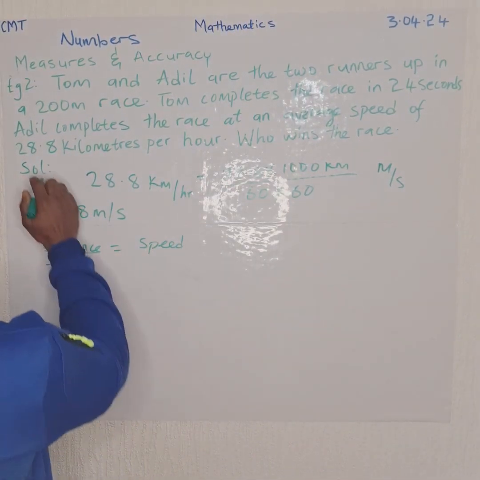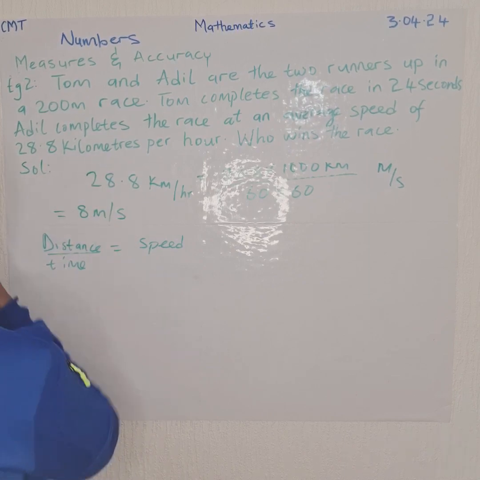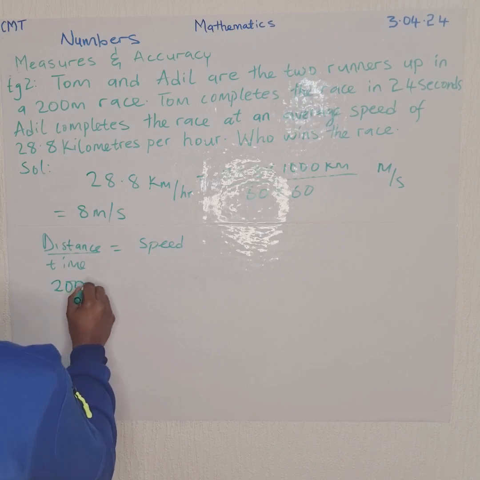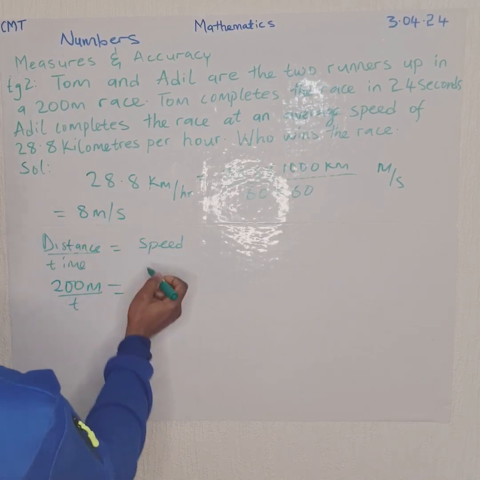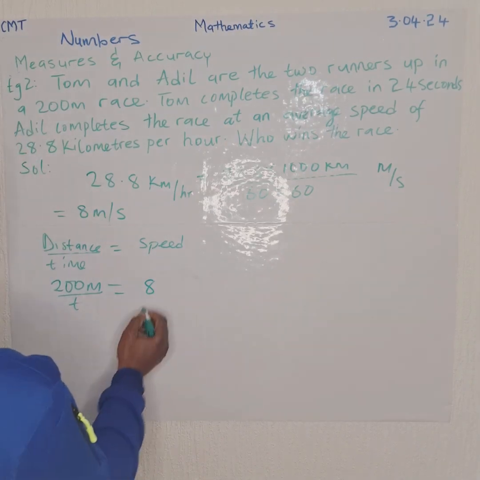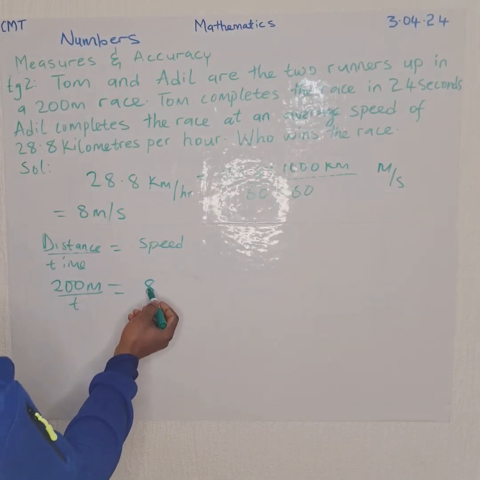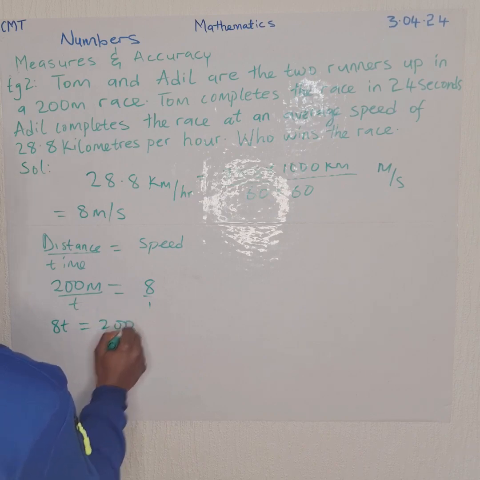So it means that the time it took Adil, the second runner, to complete this race, obviously of 200 meters, let t denote time, is equal to his speed, which is 8 meters per second. So simple, we can do crossing and multiplying here, and would have 8t is equal to 200.